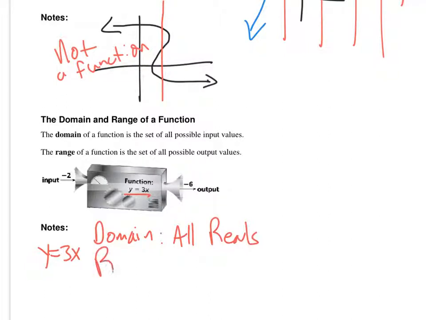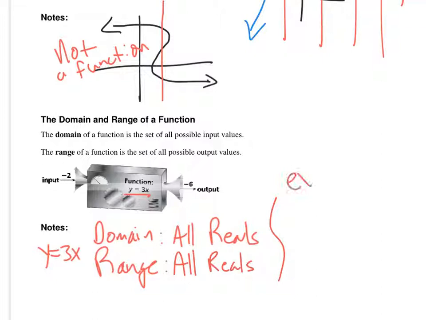The range is what numbers can come out of this machine? Well, anything can come out. You put in 100, you get 3 times 100. You put in 2.5, you get out 7.5. You put in a negative number, you get a negative number out. Okay? So the range is all real numbers also. Anything can come out of this.